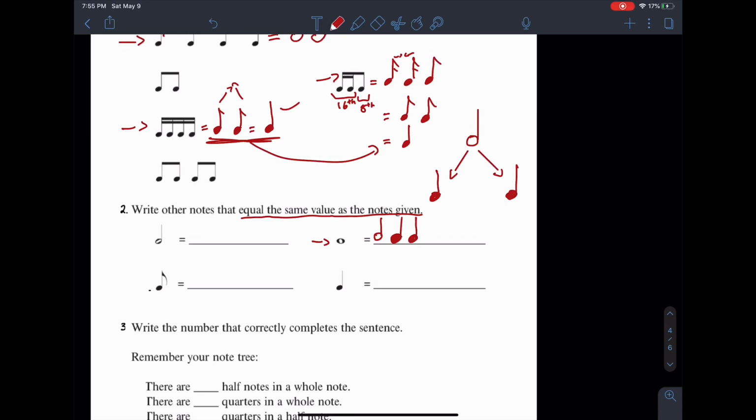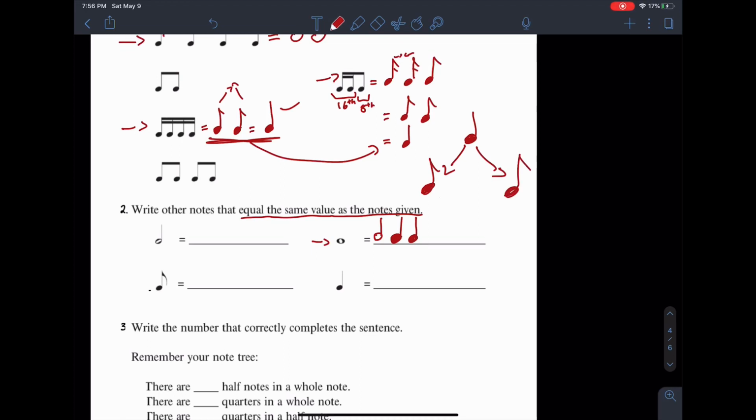If I wanted to go a step further, I could replace the quarter note with 2 8th notes. Do you guys remember that relationship? 1 quarter note can be broken up into 2 8th notes.